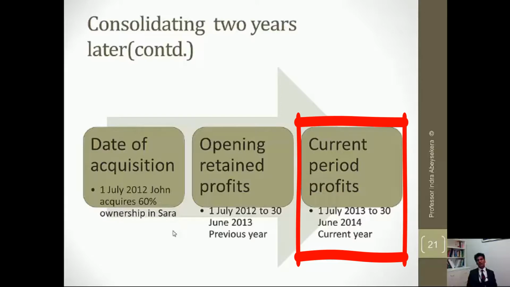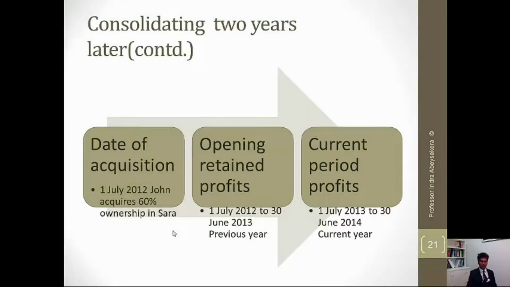Anything that has occurred during that year is recorded under retained profits of that year. That is opening retained profits for the current year. And the current year begins on 1st July 2013 and ends 30th June 2014.